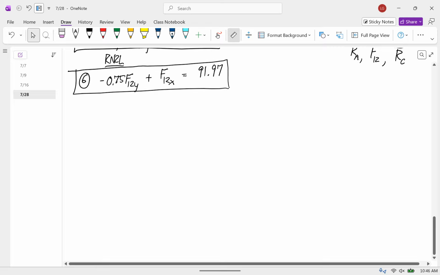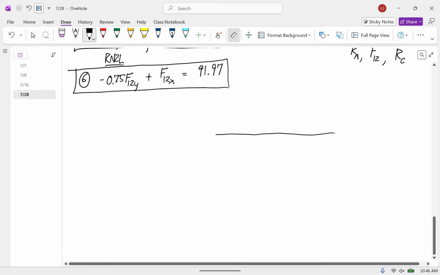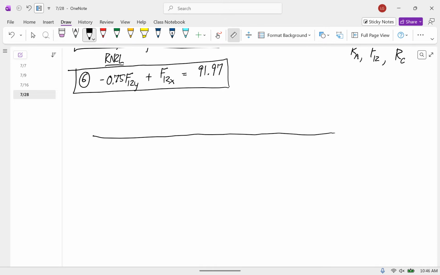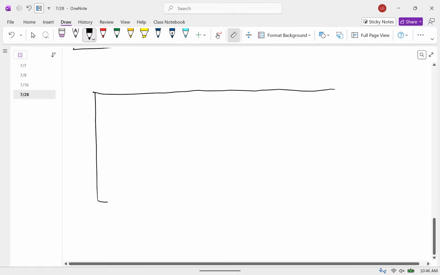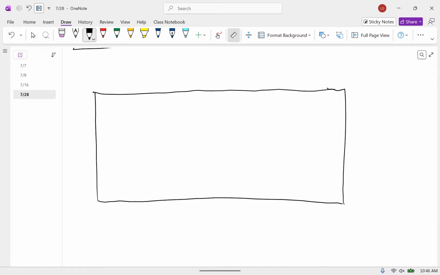And now I'm going to write out an augmented matrix for this. How many rows is this matrix going to have? 6. And how many columns is it going to have? Perfect. 7. Okay, so you also can do this in Excel.